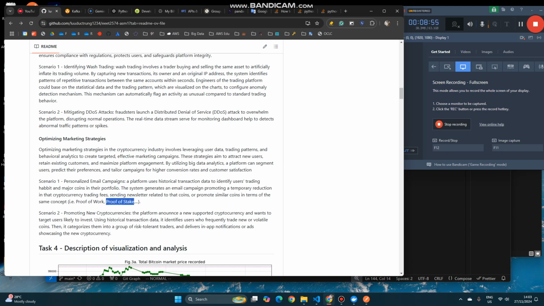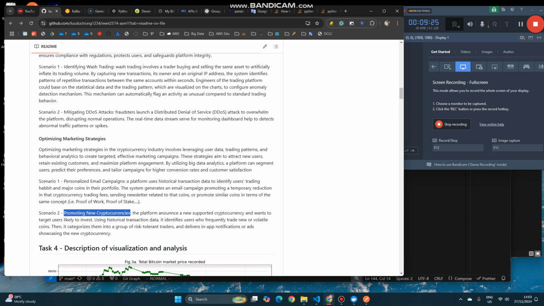The second scenario is promoting the new cryptocurrency as well. With the data that we collect about the user, we know that their trading taste is that of a risky trader. So they could be interested in the new coin or the coin that can make a profit faster.